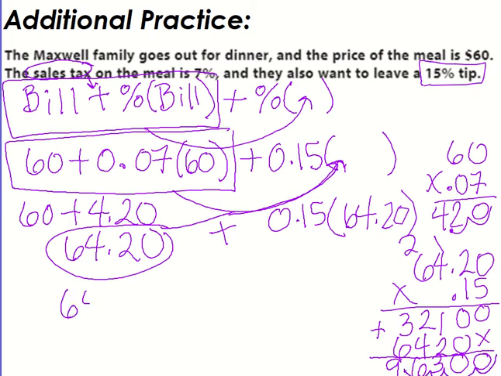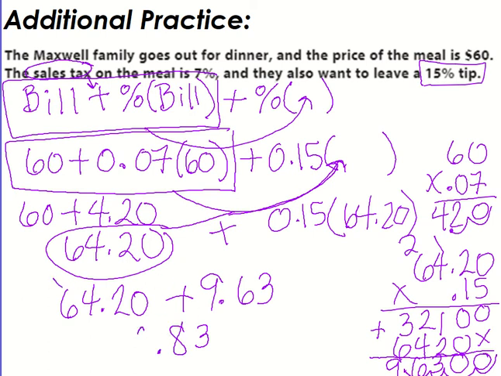So now we have $64.20 added to $9.63. So 3 and 0 make 3, 6 and 2 make 8, 9 and 4 make 13, and then 6 and 1 makes 7. So there is the total bill for the Maxwell family to go out to dinner. Now you know why you don't go out to dinner very often, because it's really actually expensive.